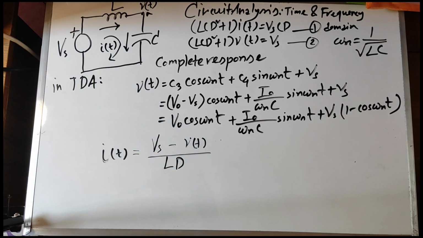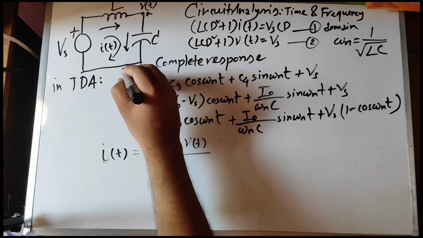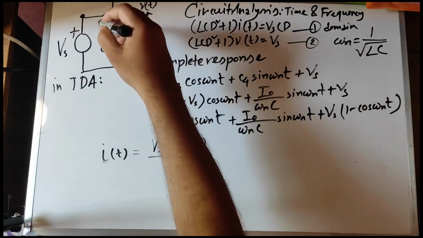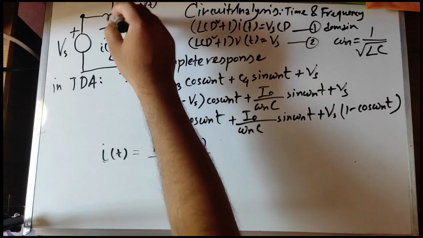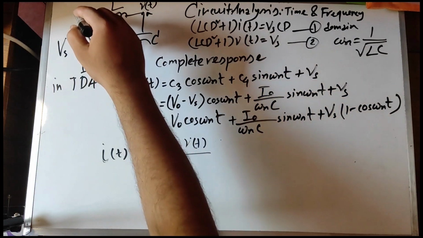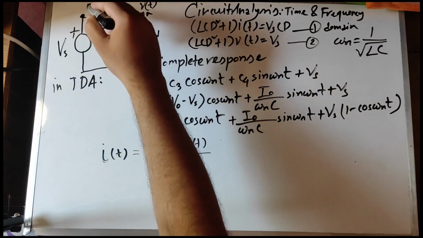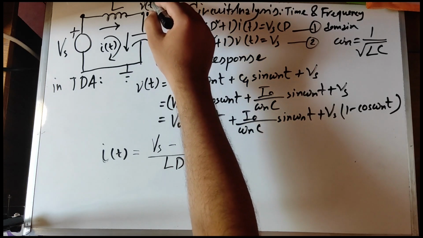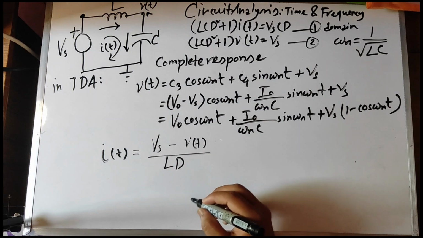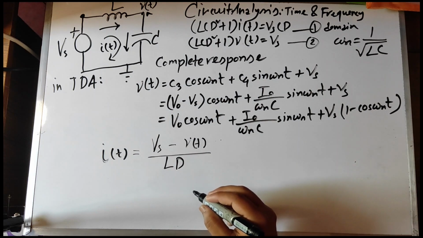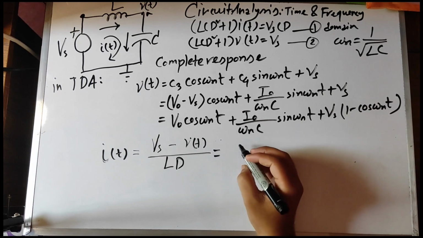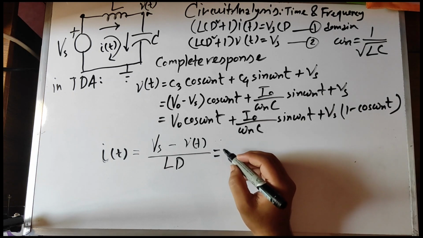If you observe this circuit, you will understand that the loop current through the inductor is Vs, the DC input, minus the voltage response, by LD. So this is the formula. Now we can easily find the current response.